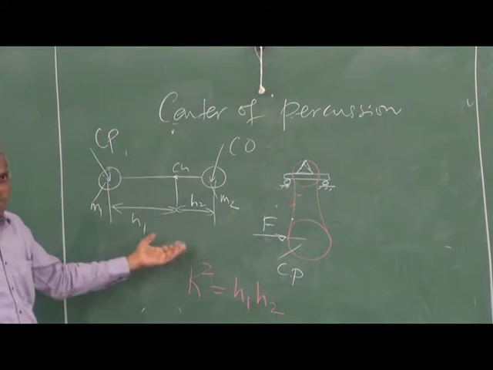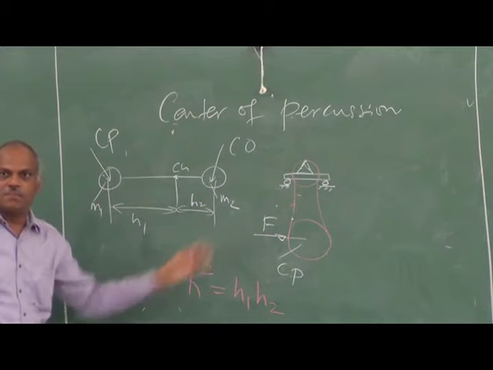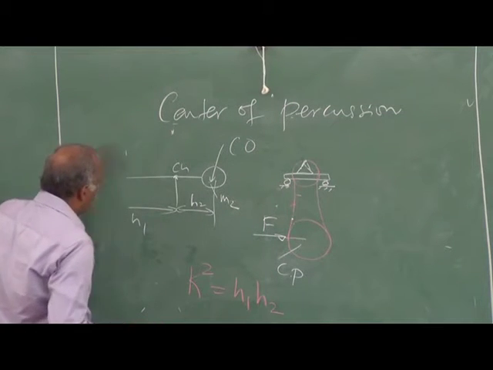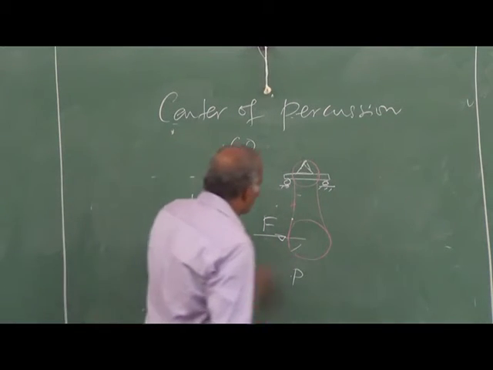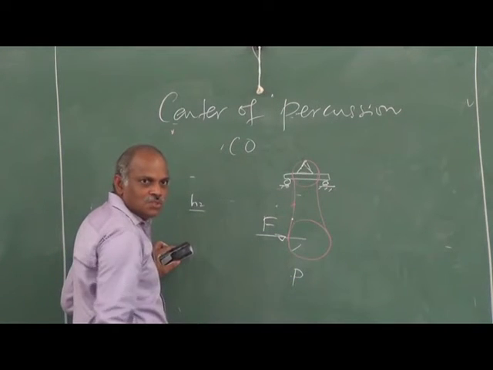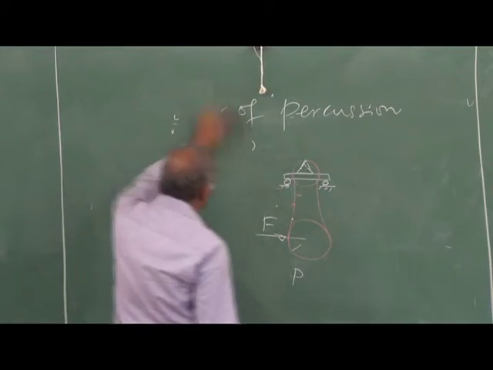Dynamically equivalent system, center of percussion, center of oscillation, all of them have a correlation between them. So this particular thing I will give as a project to somebody so that this will be demonstrated. Okay.